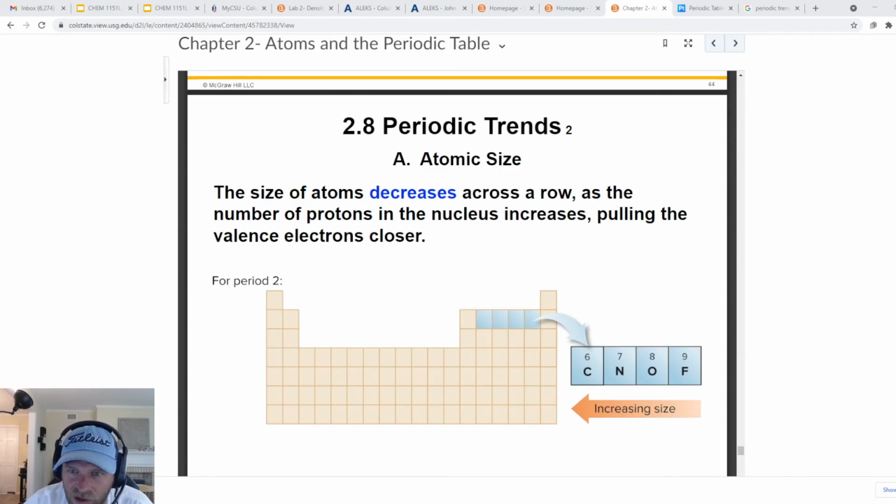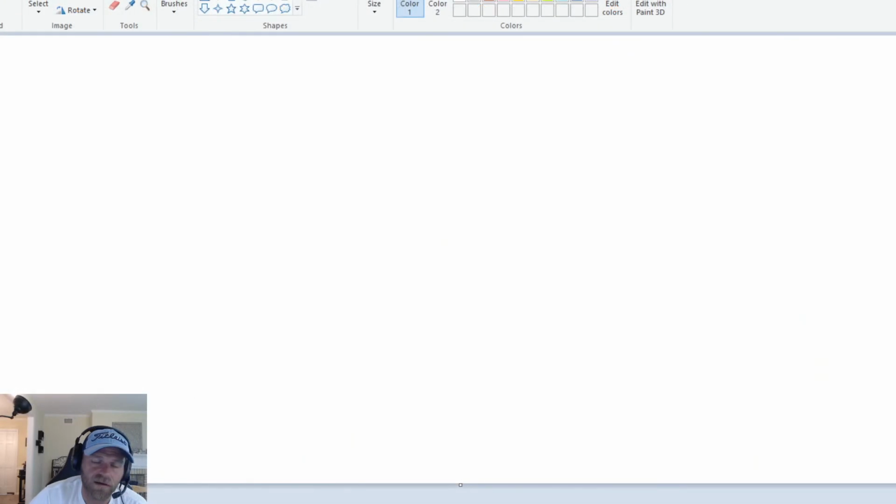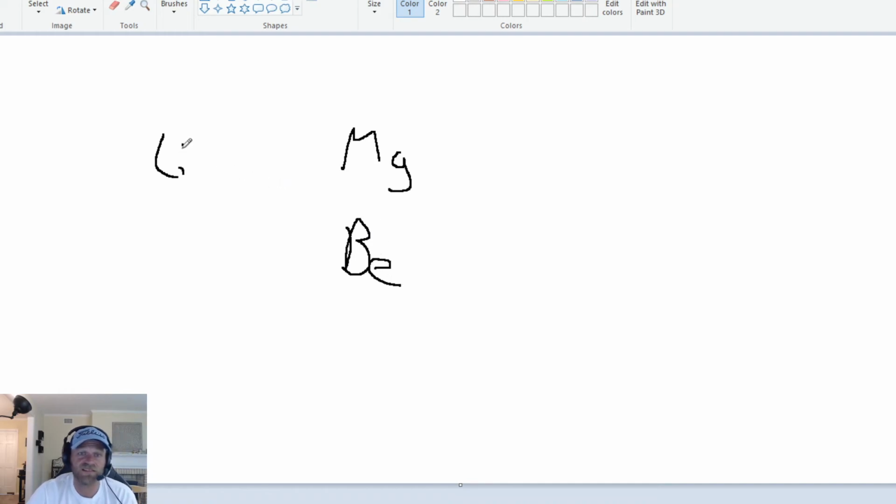So let me do a comparison with some that are on top of each other. So let's do beryllium, magnesium, and lithium. Okay. So lithium, magnesium, and beryllium. Okay, so this is the order that they're in on the periodic table.